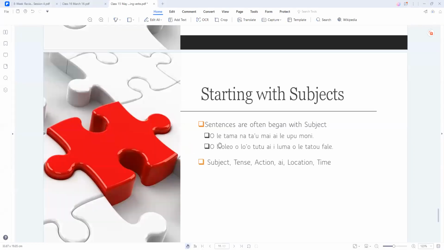Sometimes you start with a location, but in this example, oletama na taumai, and then you see the I right there. Okay, so all of this is our subject. We have tense, taumai, tell, to me or tell my direction. So this is our action.